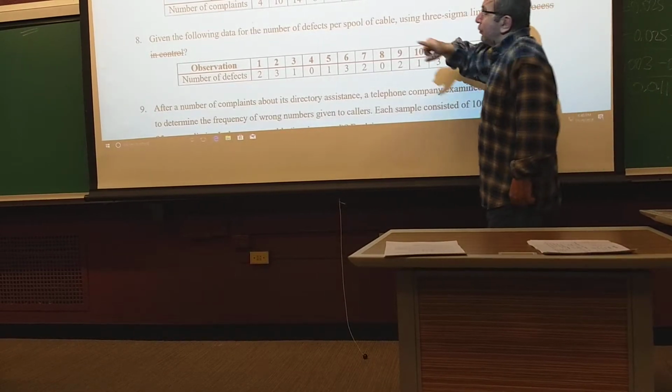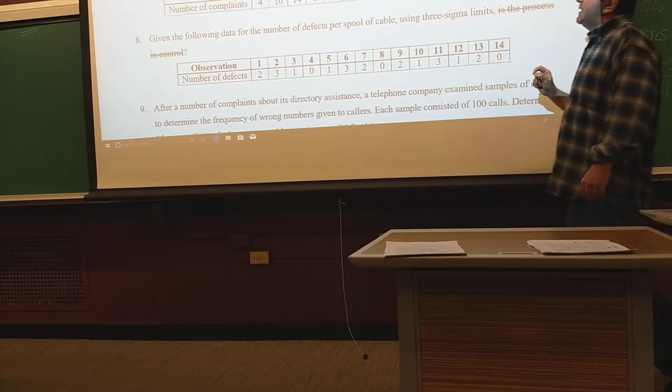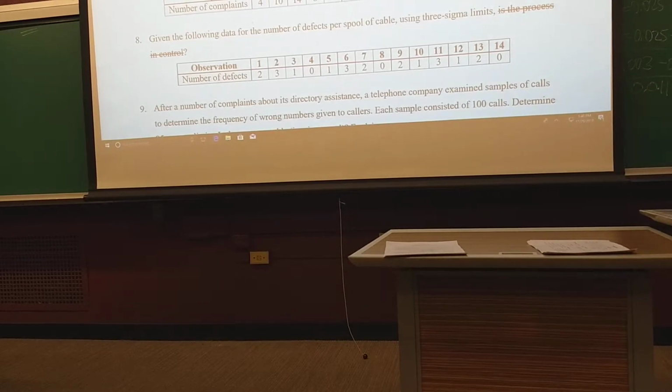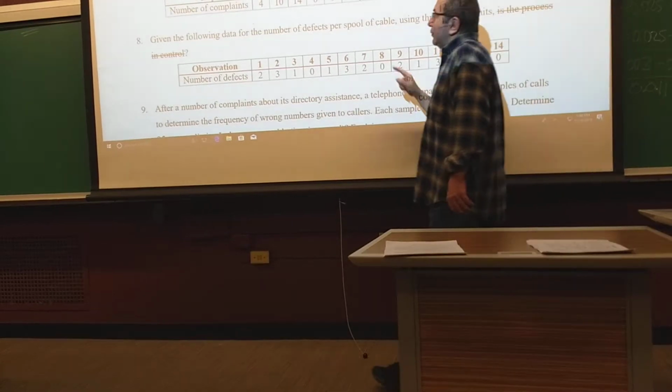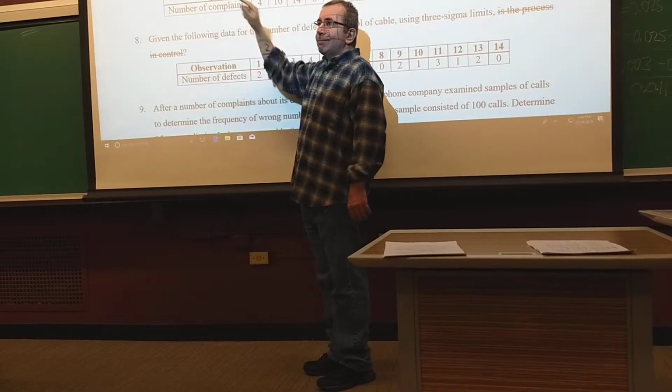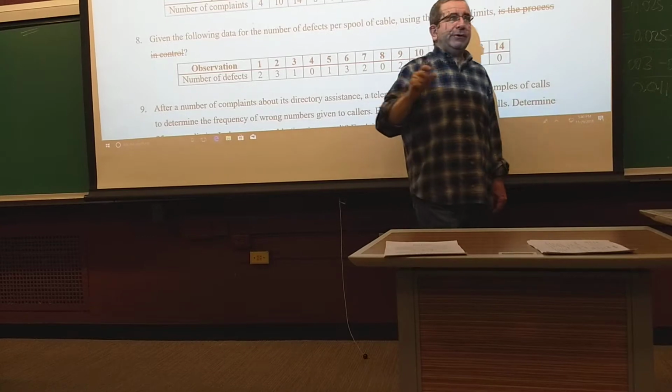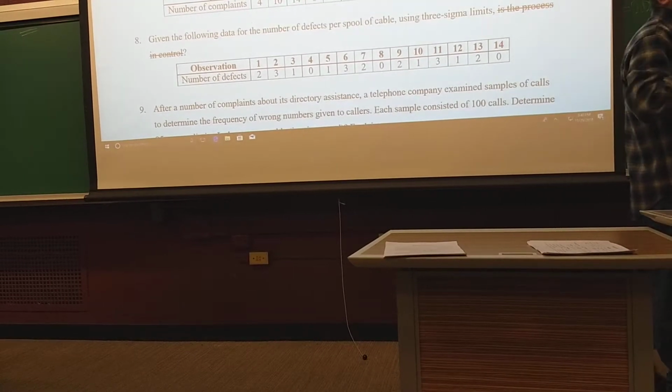The postmaster of a small western town receives a certain number of complaints each day about mail delivery. Determine 3 sigma control limits using the following data. As soon as you see 3 sigma, you know Z equals 3.